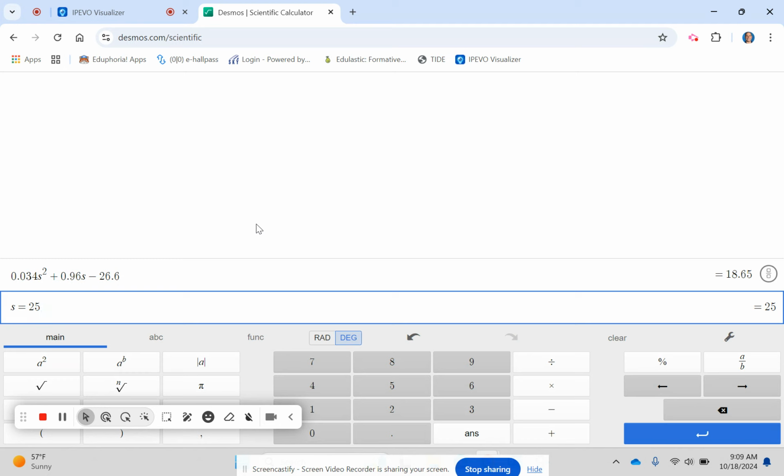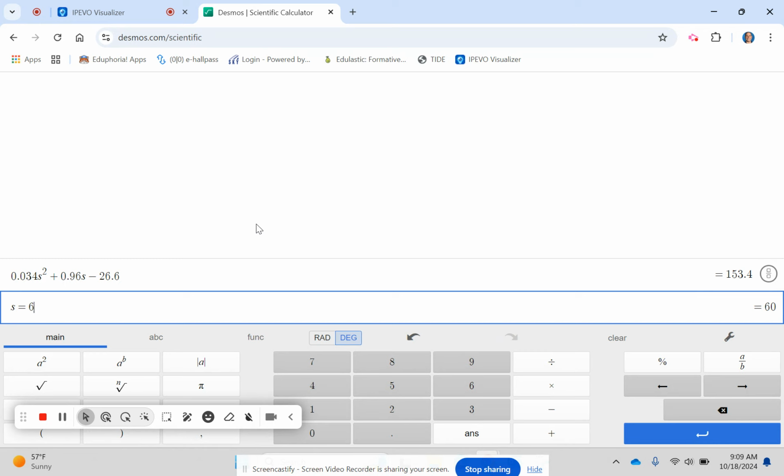18.7. Okay, then I type in 30, and that's 32.8. Type in 45, and that's 85.5. And then I'm going to type in 55. That's 129.1. And then I'm going to type in 60. That's 153.4.